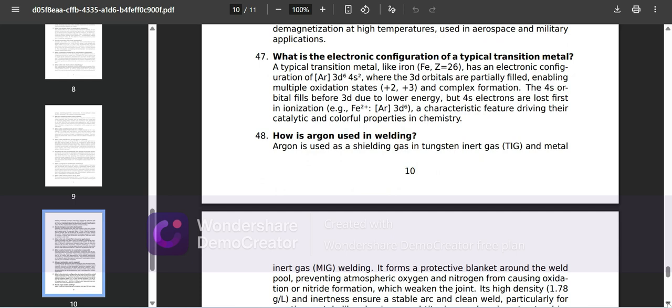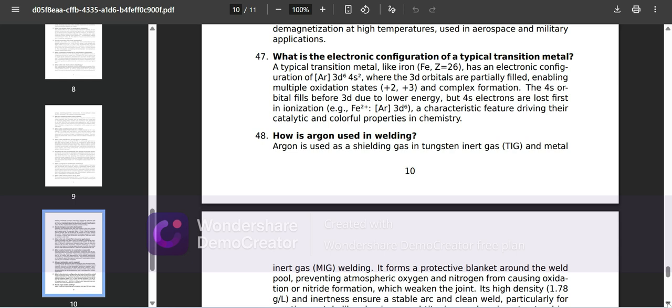What is the electronic configuration of a typical transition metal? A typical transition metal like iron, Fe, with Z equal to 26, has an electronic configuration of [Ar] 3d6 4s2, where the 3d orbitals are partially filled, enabling multiple oxidation states, +2 and +3, and complex formation.